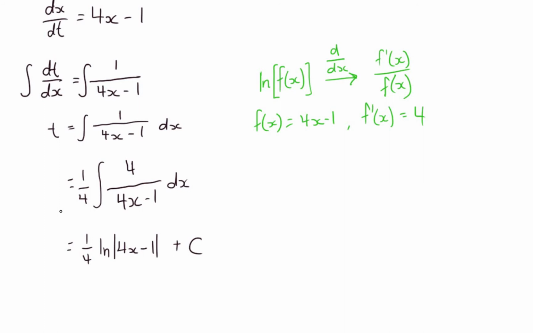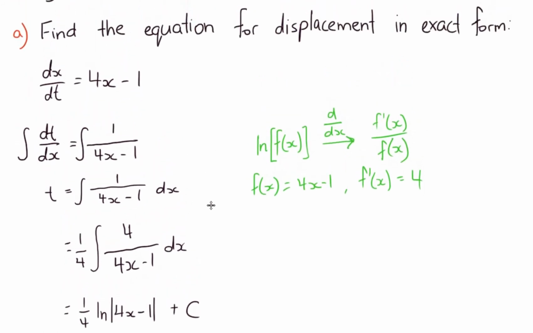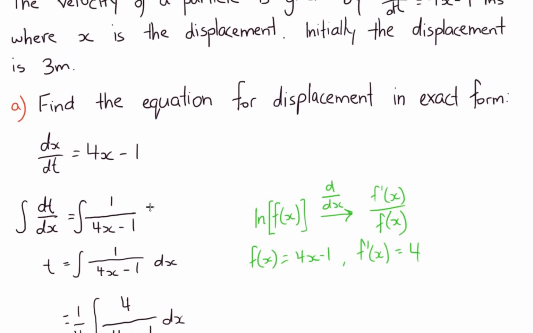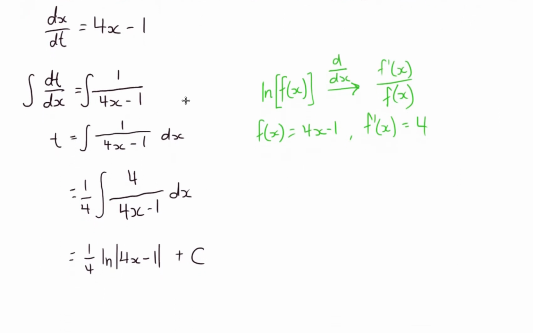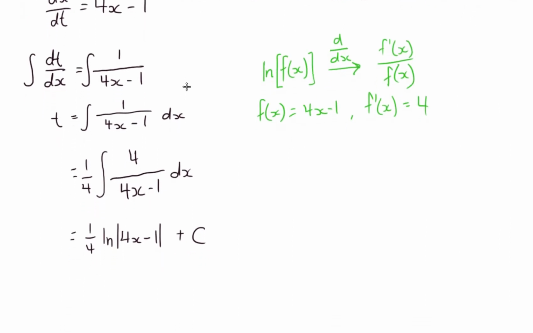Now we know from the initial question that we can work out this constant of integration. We were told that initially the displacement is 3 meters. So initially means when time equals 0. So at time equals 0, displacement equals 3. So let's substitute that information in.